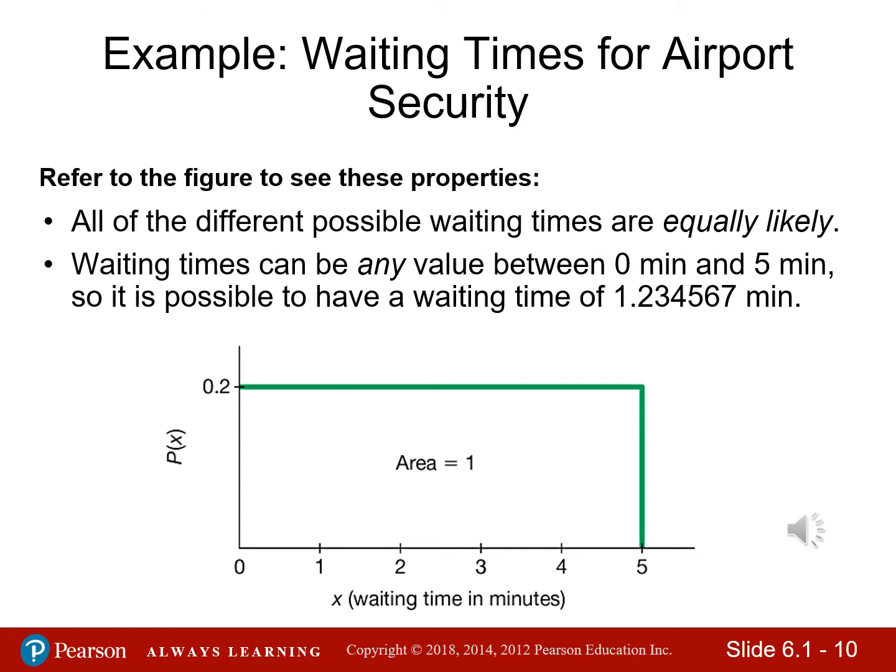Also, as the uniform distribution here displays, all of the different possible waiting times are equally likely to occur. Waiting times can be any value between 0 minutes and 5 minutes, so it's possible to have a waiting time of, let's say, 1.23456 minutes.